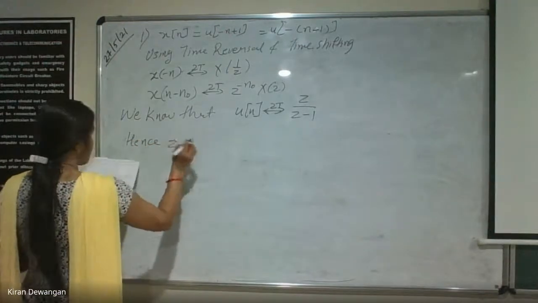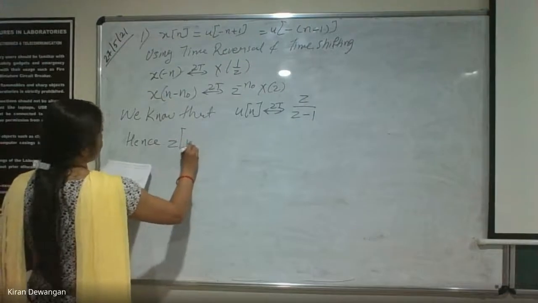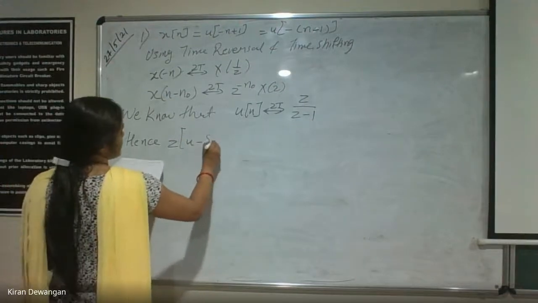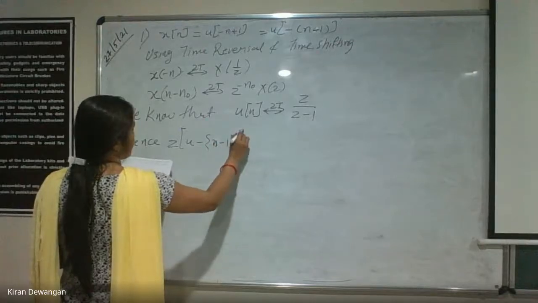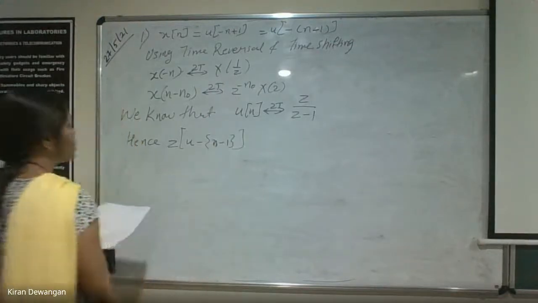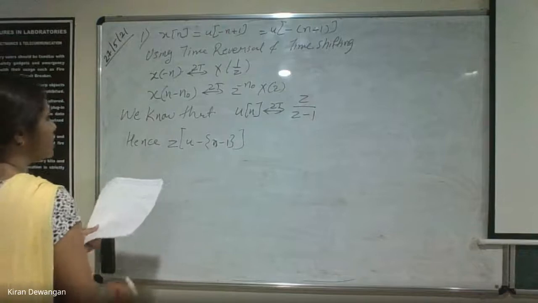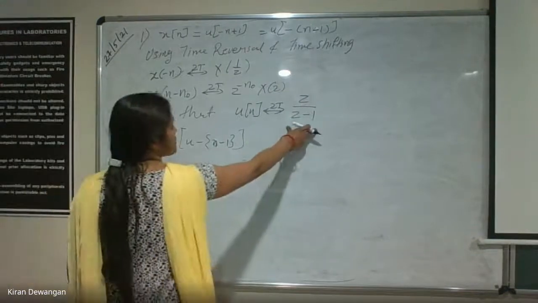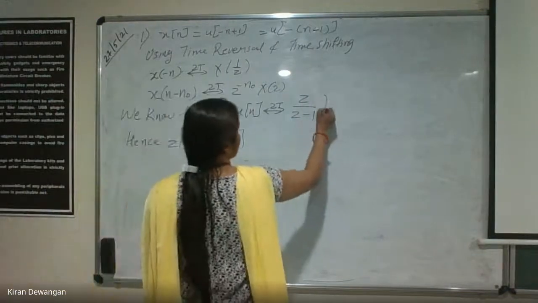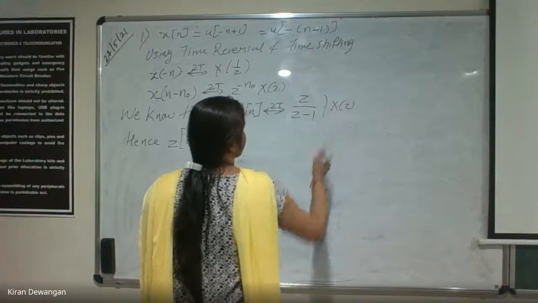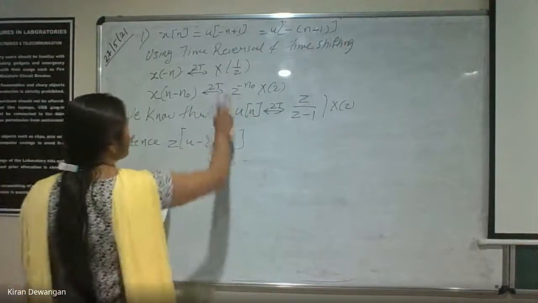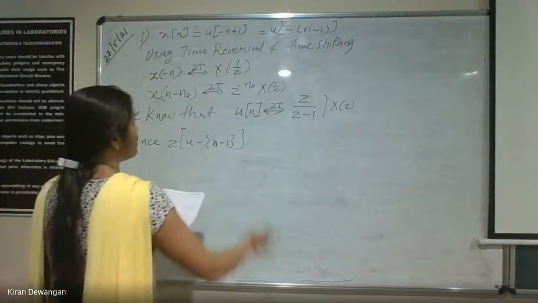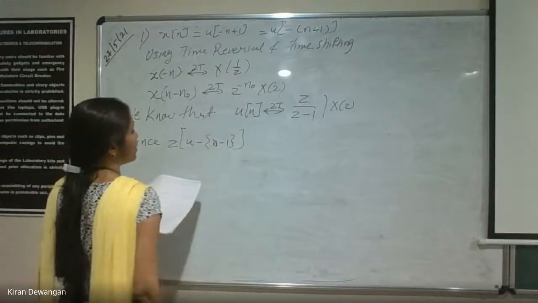z transform of u of minus n minus 1, that is what is our function. If this is our x of z, ये हमारा x of z है. ठीक है, so in this one we'll have this one and 1 by z. Z x of z का 1 by z हो जाएगा और ये टर्म मल्टीप्लाई हो जाएगा.